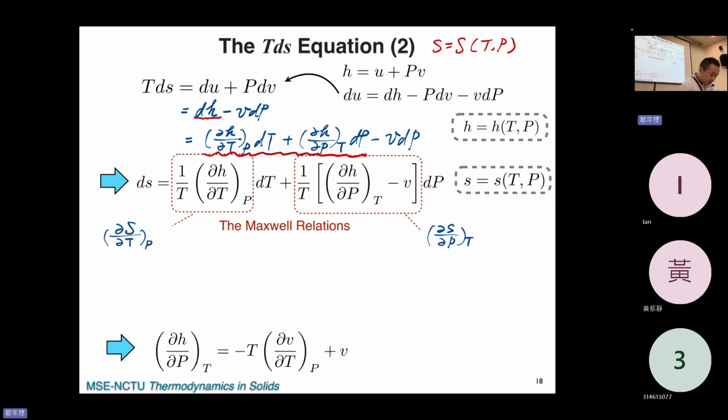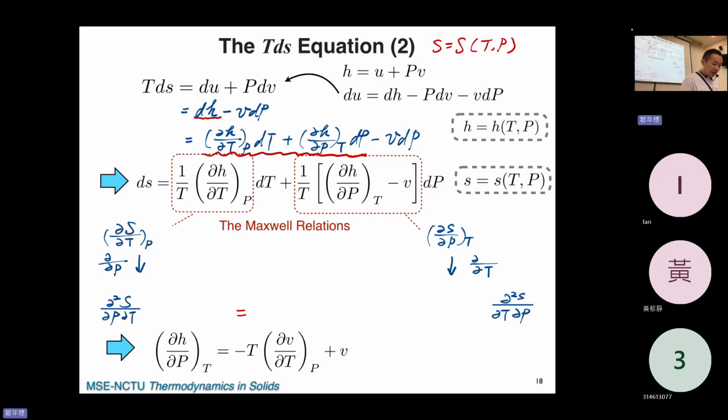If you know these are slopes, then the Maxwell relationship, another mathematical tool I introduced previously, applies: if we take partial T here and partial P on the other side, the double partial derivatives should be the same. This is the Maxwell relationship.